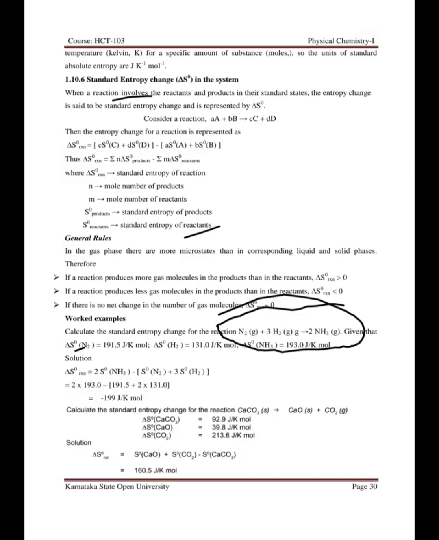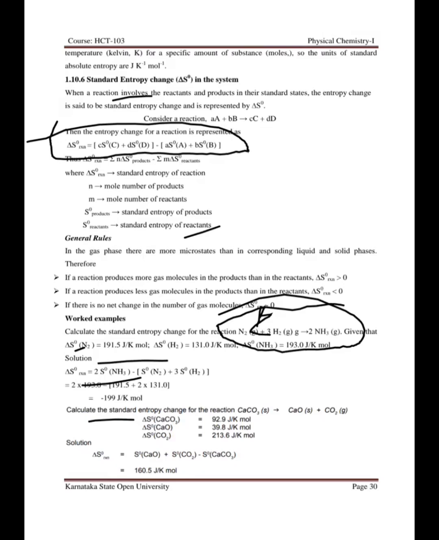For that, delta S naught of the reaction, and the reactant and the product values are also there. You are going to substitute those values in this formula. You will get the answer, that is minus 99 joules per Kelvin mole.